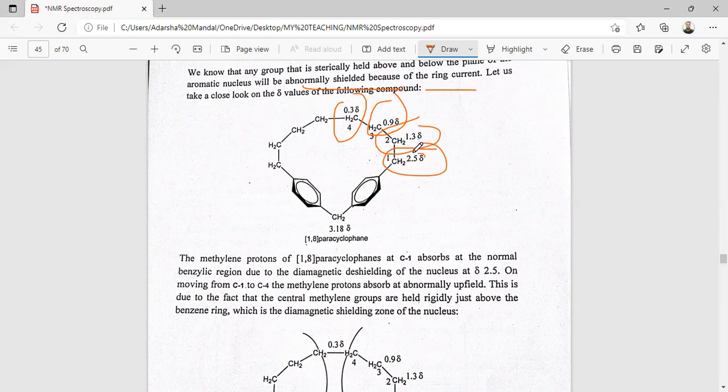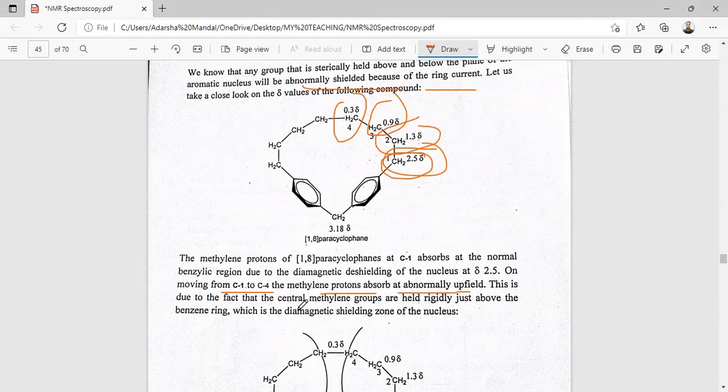So here the C1 protons normally come at 2.5 showing the deshielding effect of the benzylic region, and on moving from C1 to C4 the methylene protons are progressively upfield.